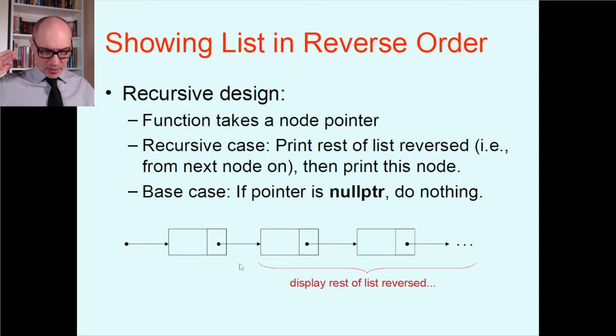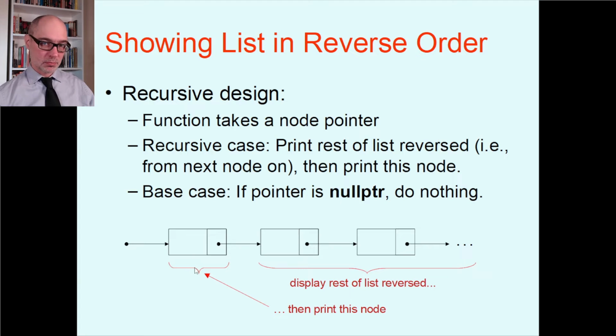So again, the very last thing on the list shows up on screen first, and the one before that is second, and the one before that is third, et cetera. That job's all done, so all the other stuff got printed in reverse order. And then, once that's done, print this node, right? And of course, this node's actually the first node in the list, but we're going to print it last, and now you're seeing the whole list printed in reverse.